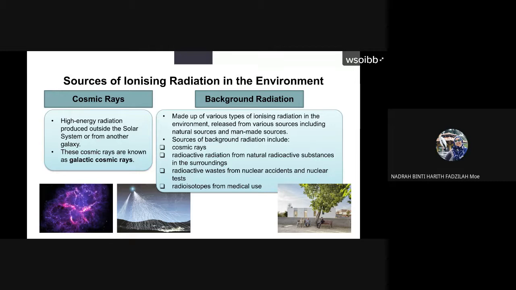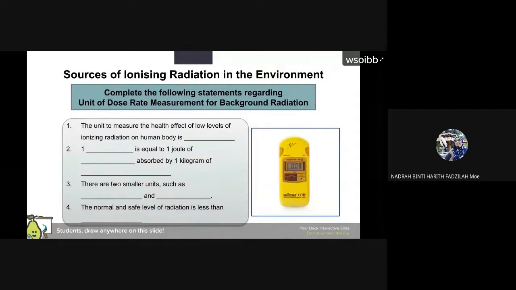So kalau kita tengok dekat Chernobyl tu masih lagi, walaupun dah berlaku berpuluh tahun, masih lagi tidak selamat untuk manusia tinggal dekat situ because of the very long half-life of the radioactive materials used in the power plant.